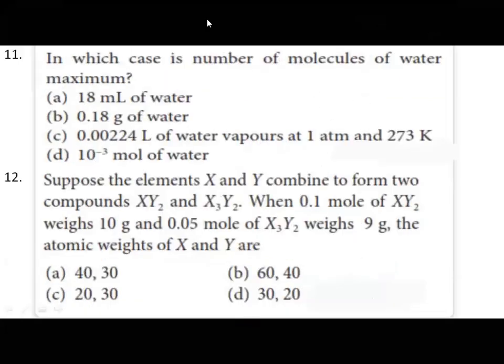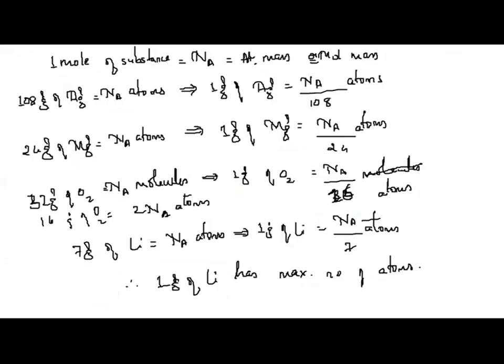Next question. In which case is the number of molecules of water maximum? See, now they have said same water molecules only. Where it is maximum, you have to answer.